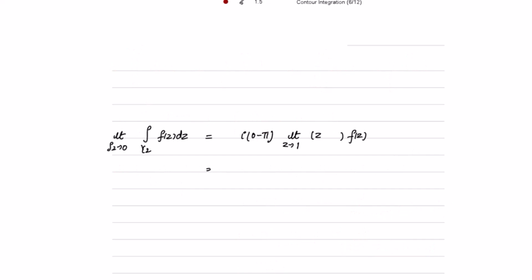Okay, so next, the second limit. Rho 2 tends to 0 along the second semicircle, the integral over gamma 2 of f(z) dz is equal to iota times 0 minus pi, limit z tends to 1, because the contour is indented at 1 for this semicircle gamma 2.